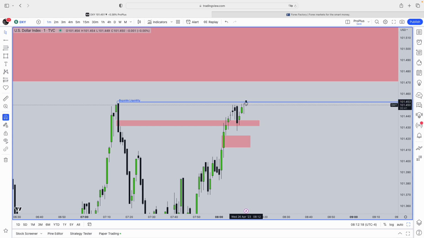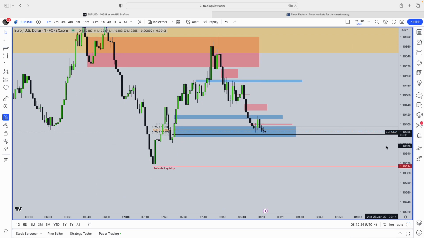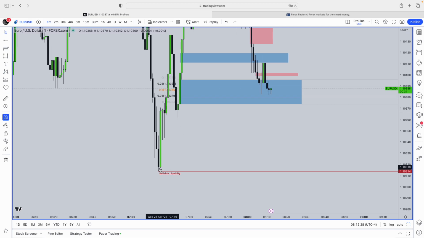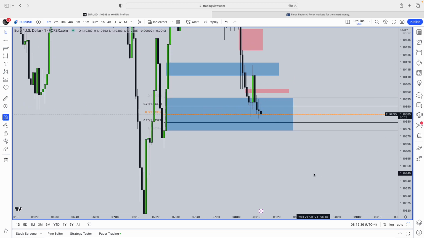But yeah, I want to see price have energy and push into this, which would then extend EU lower, potentially taking out this here, and even having a go to take out this low. But look at the way price is respecting this consequent encroachment, it's telling me that price potentially doesn't want to. See how this candle closes.